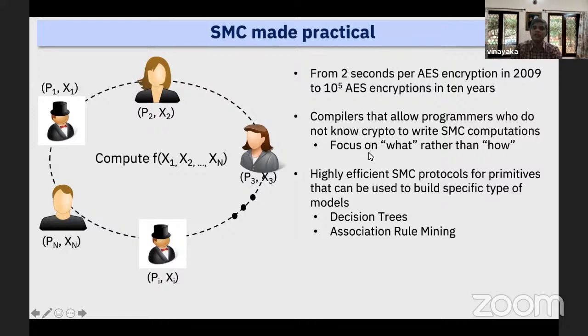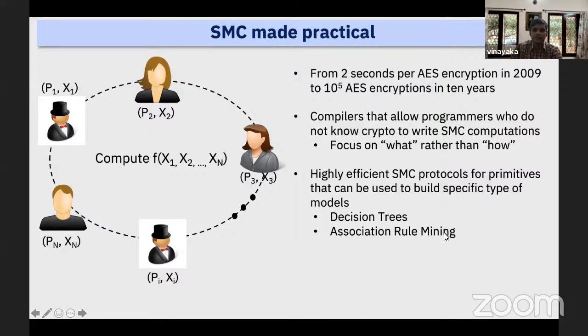Second is people have written compilers that allow programmers to not know anything about cryptography to write what kind of multi-party computation they would like to do, and they translate it into a corresponding multi-party protocol. So it allows programmers to focus on what they want to do rather than how they have to do it, right?